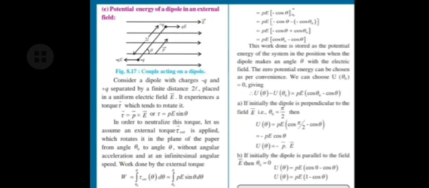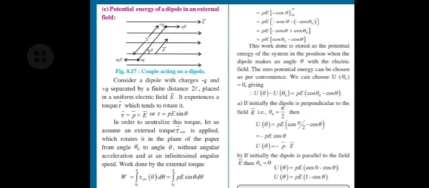So this is the amount of work which is stored in the form of potential energy in the system when the dipole makes an angle theta with the electric field. The zero of potential energy can be chosen as per convenience.